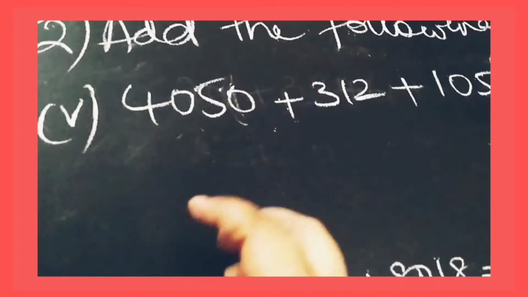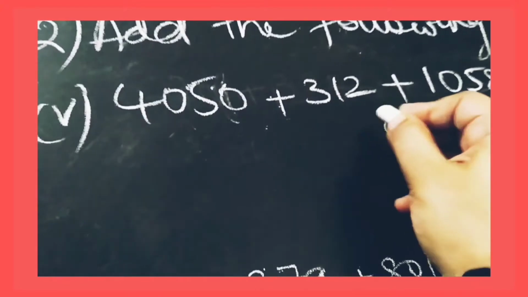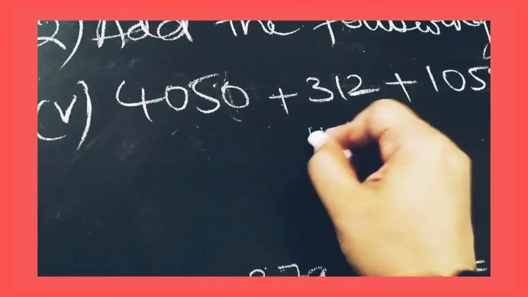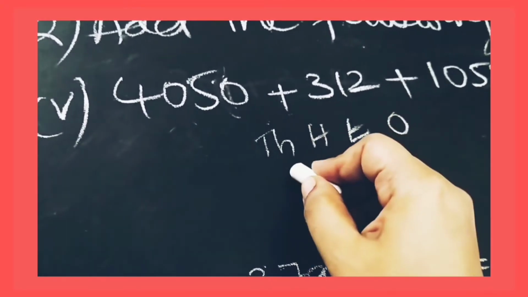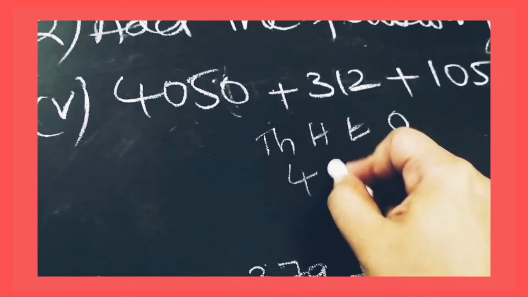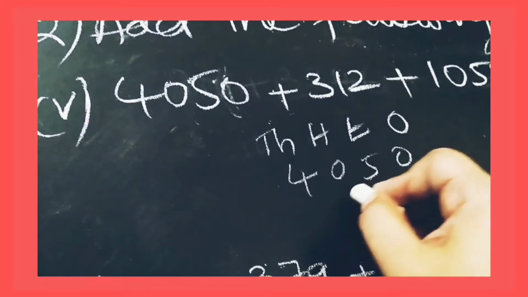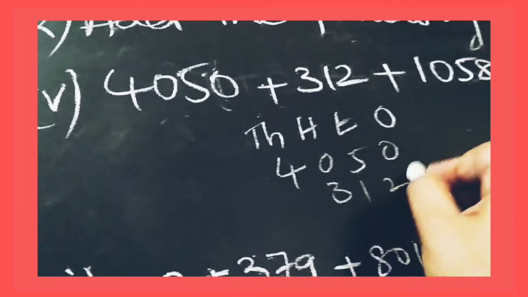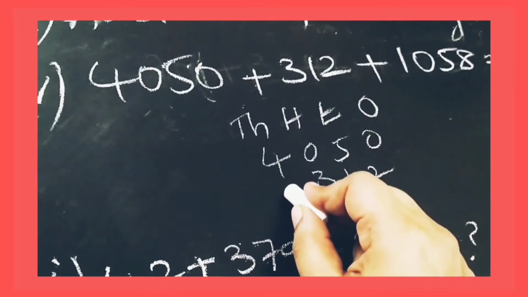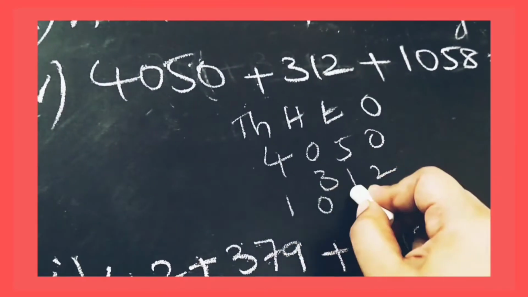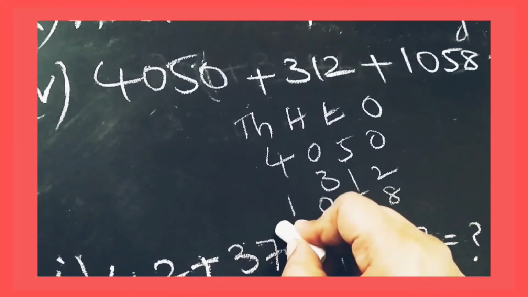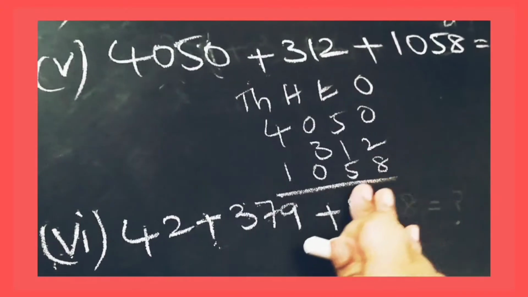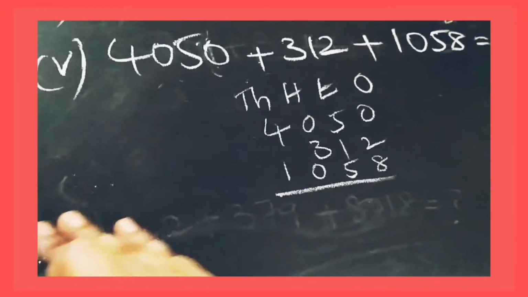So fifth one is 4050 again. Ones, tens, 100, 1000. It is 4050. Then 312. Then 1058. So we'll do here.